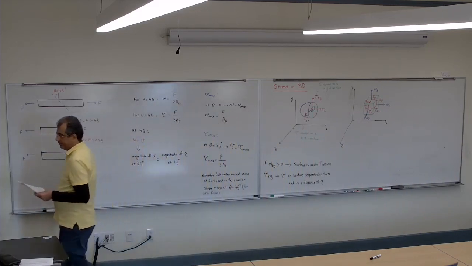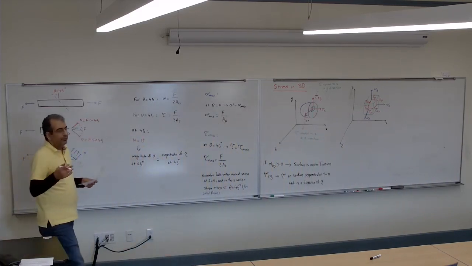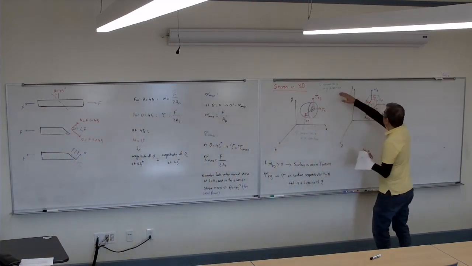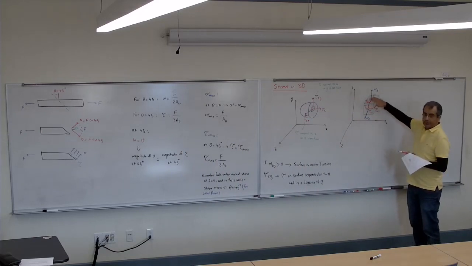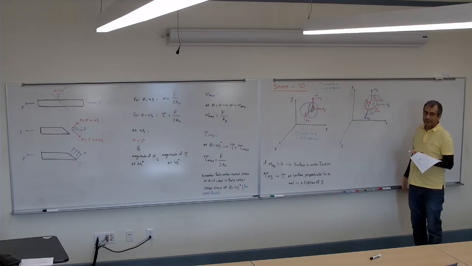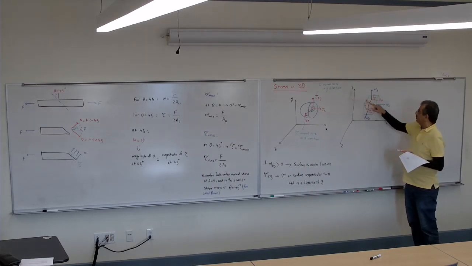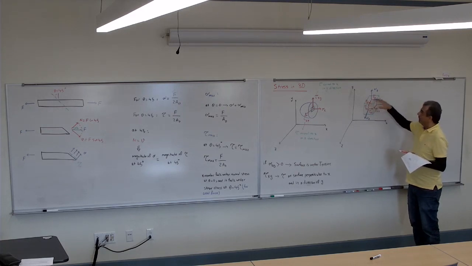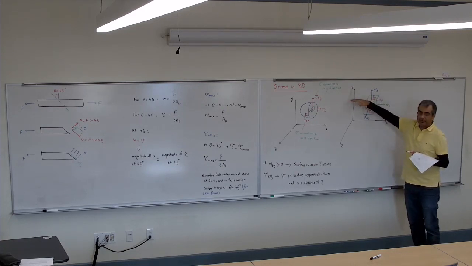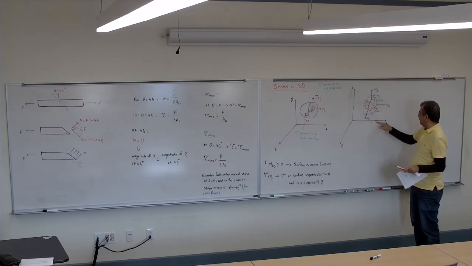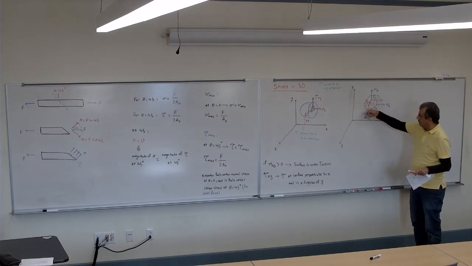How do we decide the order of the letters again? The first one shows what axis the surface is normal to. So the top surface, which axis is it normal to? It's normal to y. So the first letter is y, because the surface is normal to y. The second letter shows the direction. This one is in the direction of x, and this one is in the direction of z.